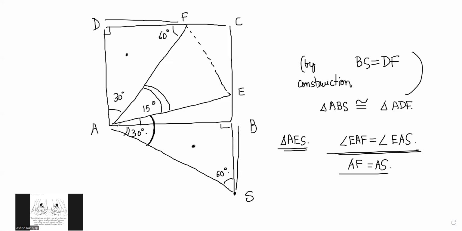This side is equal to this side, and this is a common side. AE is common to both the triangles. Which two triangles? Triangle AEF and triangle AES, right?